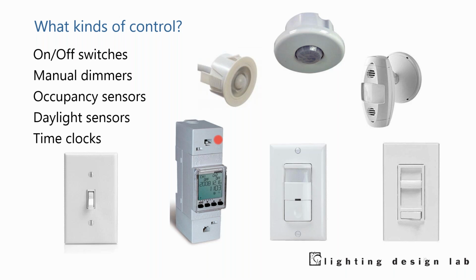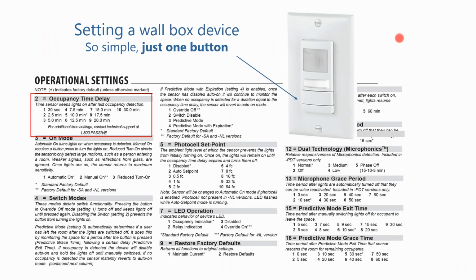One of the problems that we had with the older sensors was they were very difficult to program. People were put off by all these little dip switches or little dials they had to figure out. Now we have a nice clean look.